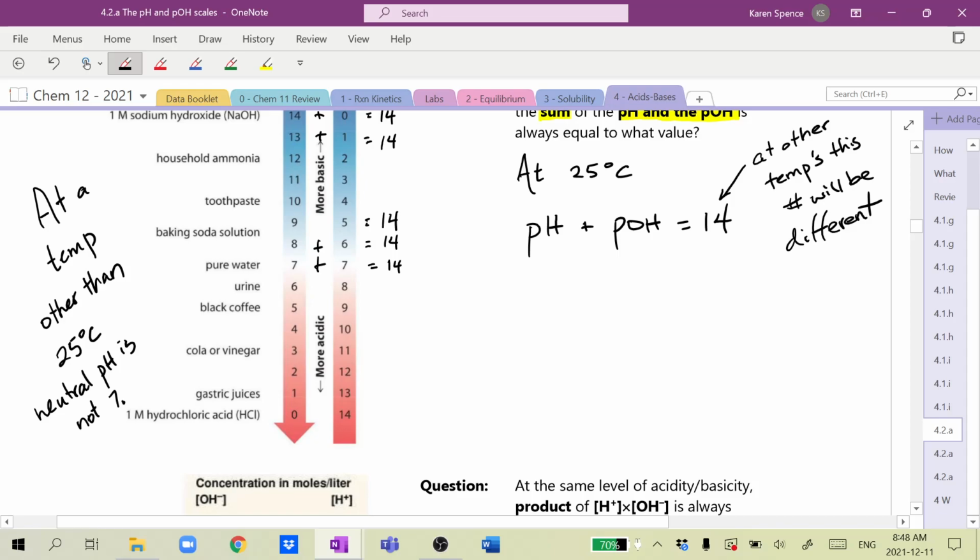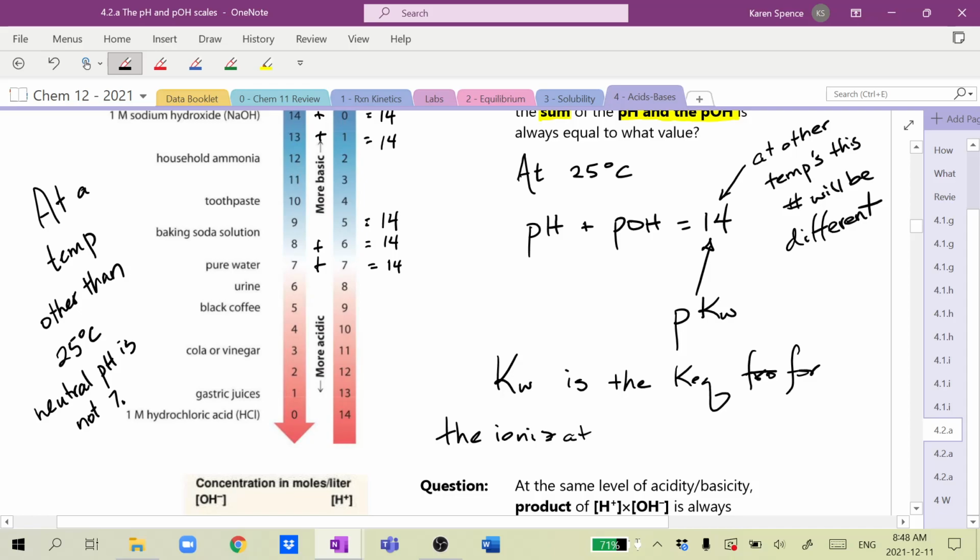So, familiar. This number 14 has a name attached to it, or a symbol. It is called the pKw. Just like we have pH and pOH, this is our pKw. And Kw is the Keq for the ionization of water.